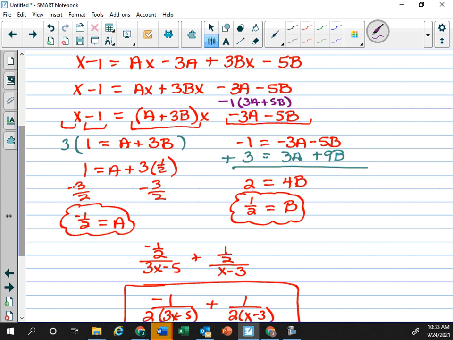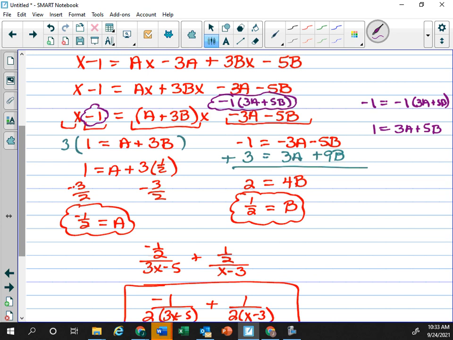So even if you factor it out, you would still be setting that entire thing equal to -1. You could certainly divide by the negative right away, so you have a positive 1 equals 3a plus 5b, and work from there.